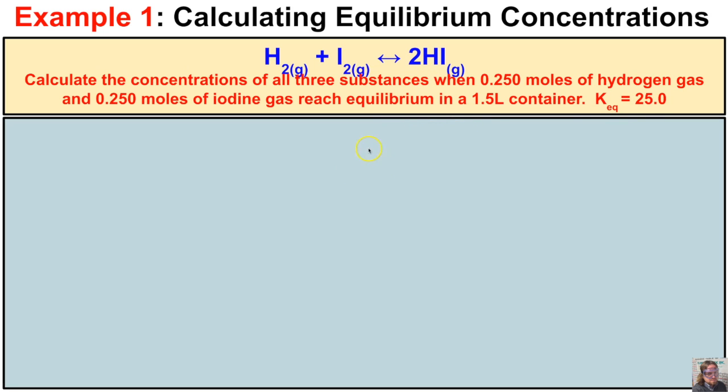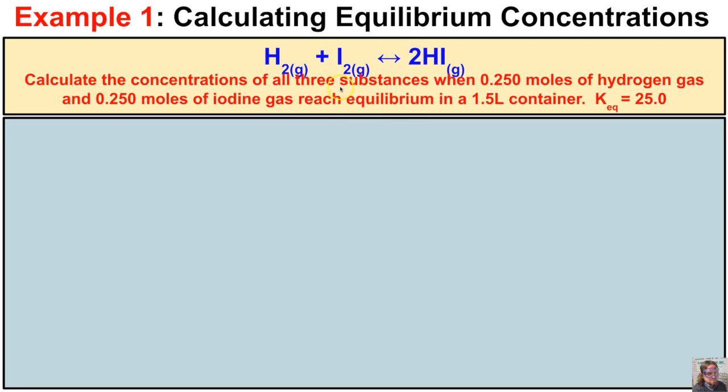So if we take a look at this chemical reaction, we're given the number of moles of hydrogen gas and we're given the number of moles of iodine gas, and we need to figure out the equilibrium concentrations of each one of these substances in our equilibrium here.